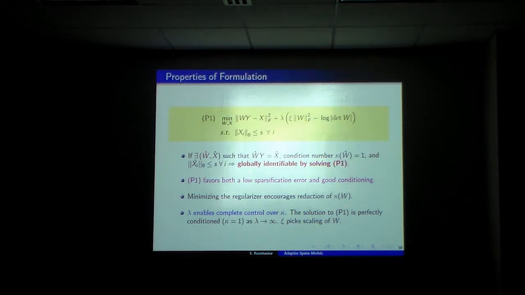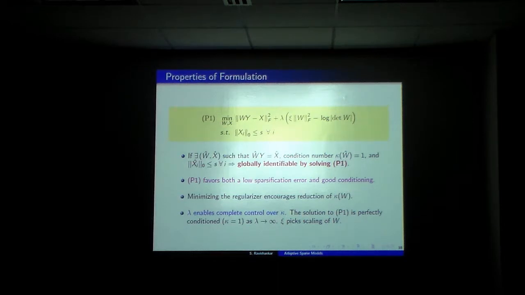We say that such a pair is globally identifiable by solving this problem. So when you have a noiseless model for the data, noiseless in the sense there is no deviation in the transform domain, and the transform itself is unit conditioned, then you can find this transform exactly by minimizing this problem.